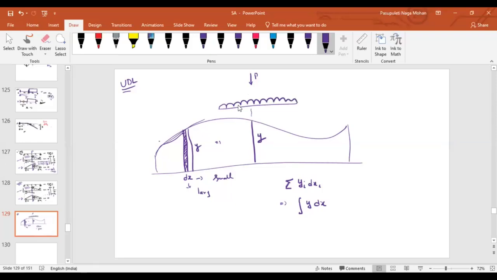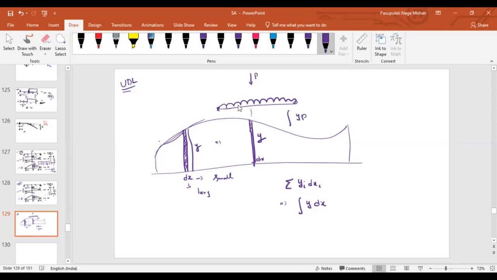Then in that case, how are we going to solve it? Again, consider a small strip, let us say dx. That means what is the ordinate for the small strip? y into P. Like that, we have to integrate over the entire length from here to here.